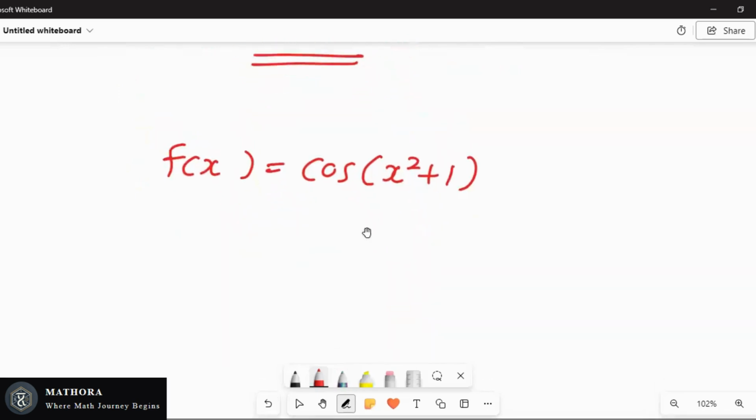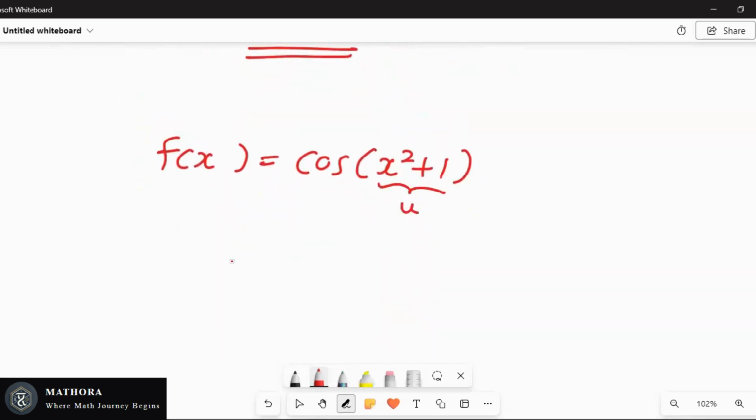Okay, so we can assume this one as u. So the outer function is cos u. The inner is x to the power of 2 plus 1, that means simply u.